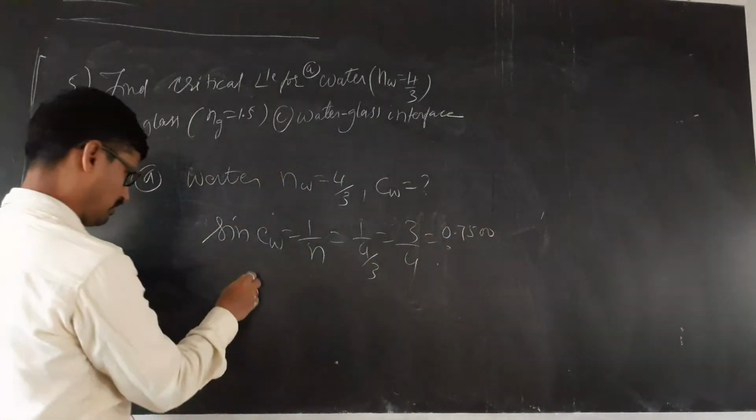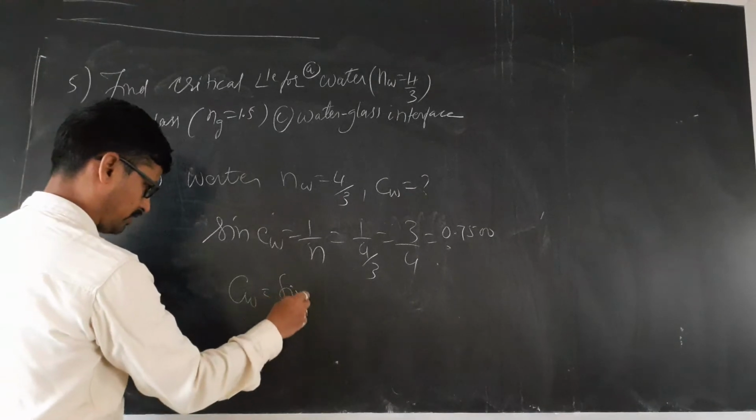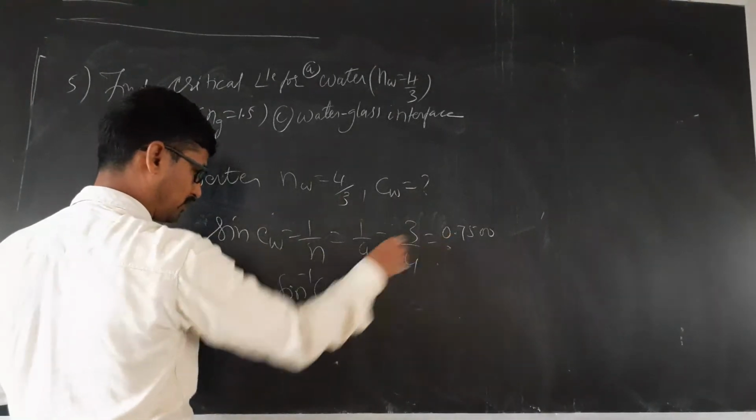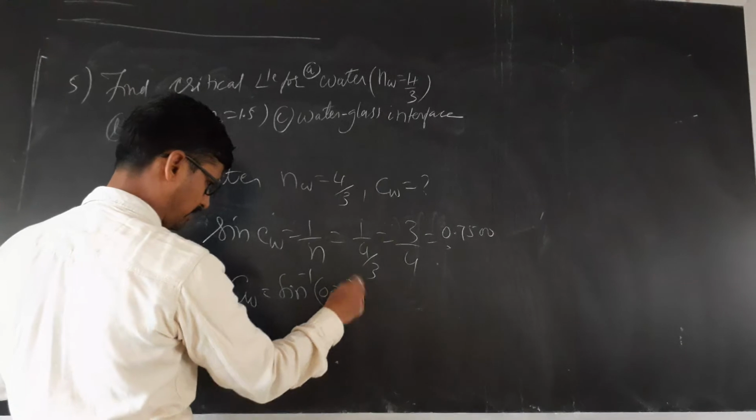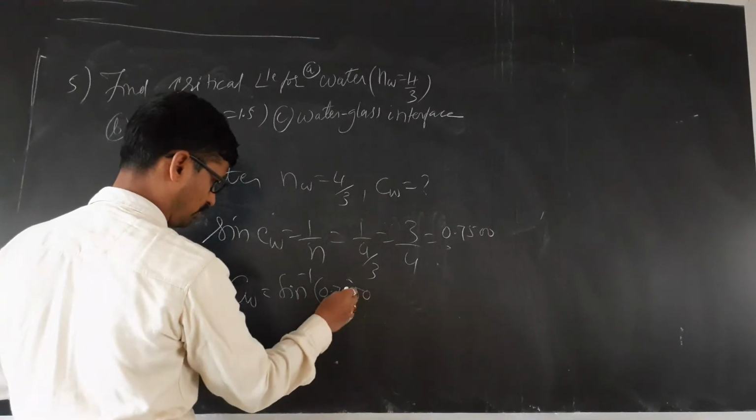0.7500, or C_w is equal to sine inverse of that quantity, 0.7500.